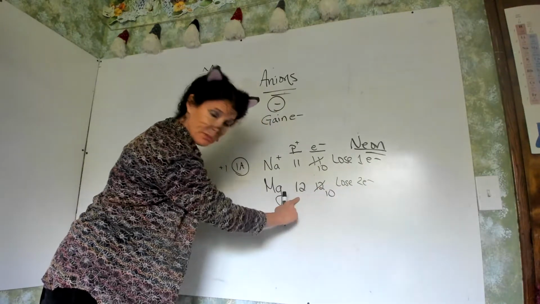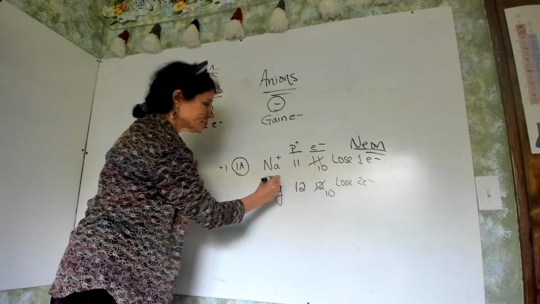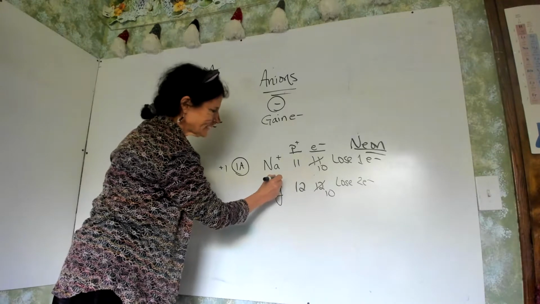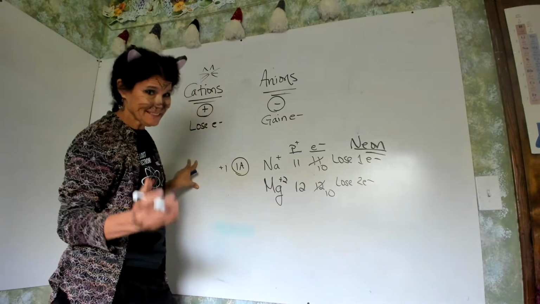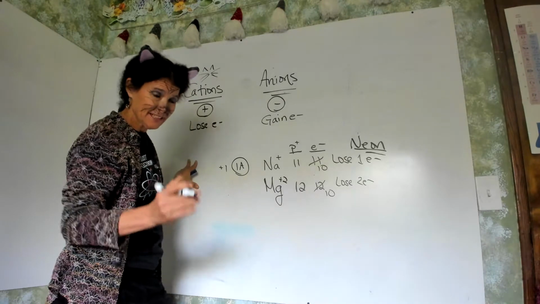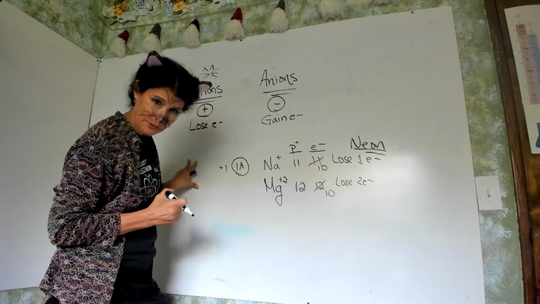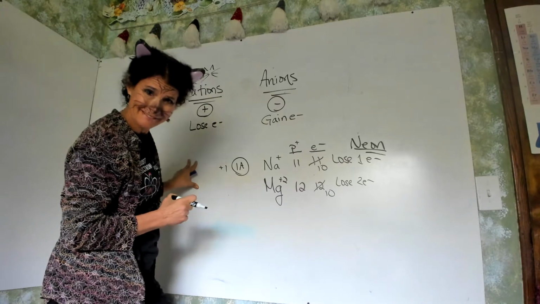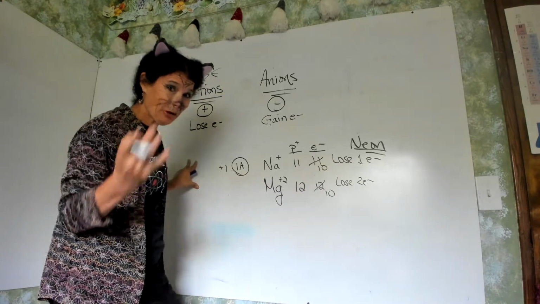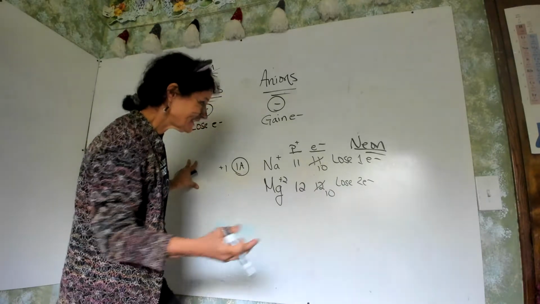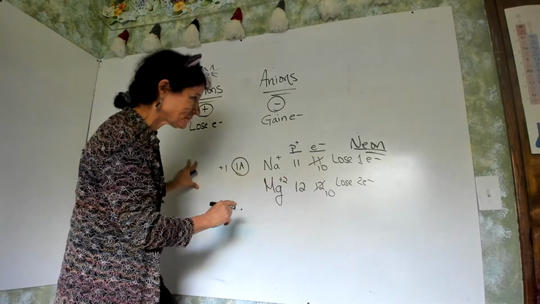Now it has 2 more protons than electrons, so you can show it as a +2 or a 2+. Technically it's shown as a 2+, and there are teachers who will mark you wrong if you write it how I did. But what I've learned is my purpose is to help you to understand this. So you can write a +2 or a 2+.